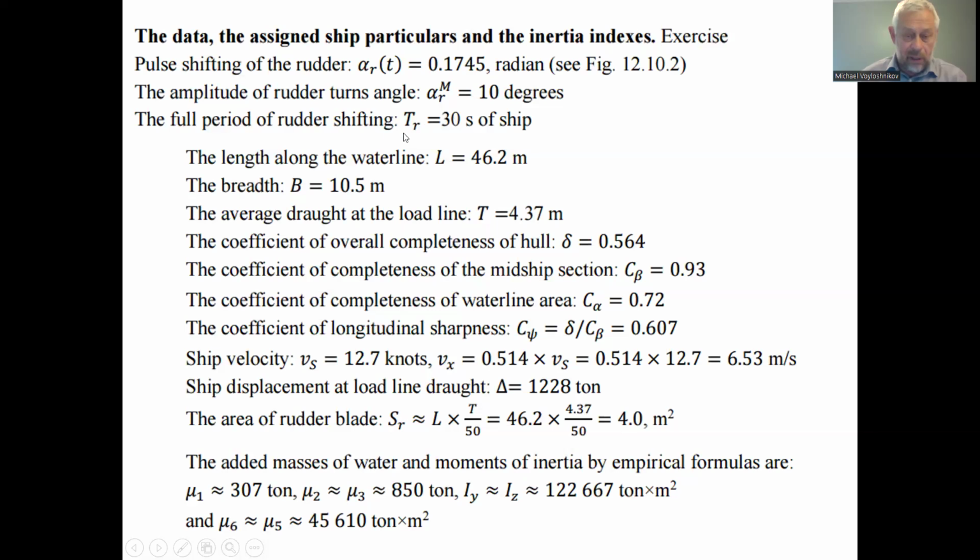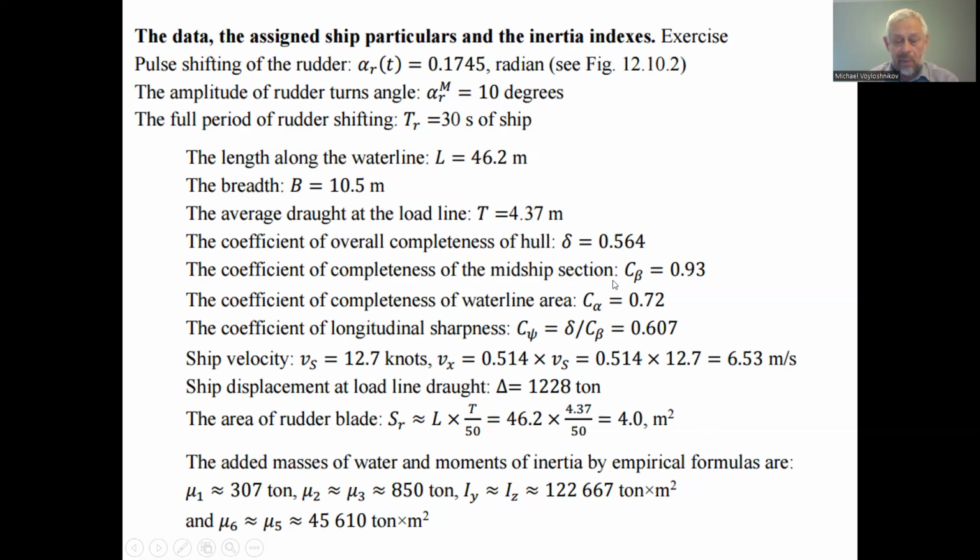This is the period of the rudder turns, 30 seconds, half a minute. The characteristics and particulars of the ship: length of the waterline 46.2, breadth 10.5 meters, average draft of the load line T 4.37 meters. The coefficient of overall completeness of the hull is the ratio of the submerged volume of the ship hull to the volume of the parallelepiped with the sizes of the ship: length, breadth and draft.